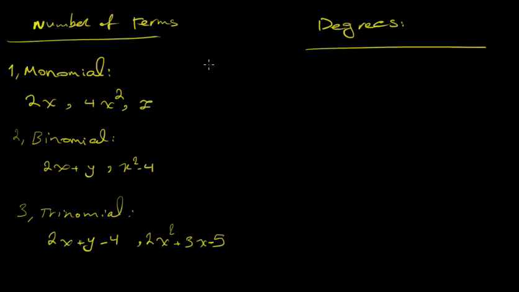Sometimes we classify polynomial based on their degree. If there is 0 degree, we call it constant. If the polynomial's degree is 1, we call it linear. And if the polynomial is a second degree polynomial, then we call it quadratic.